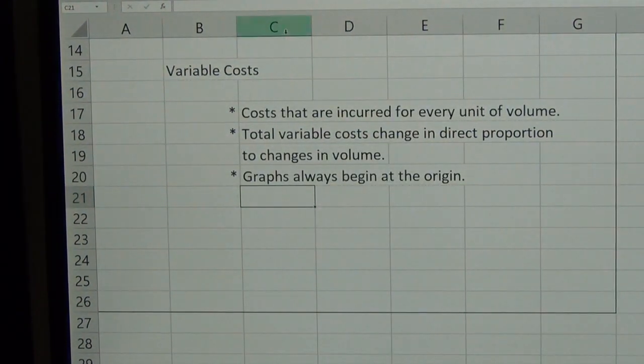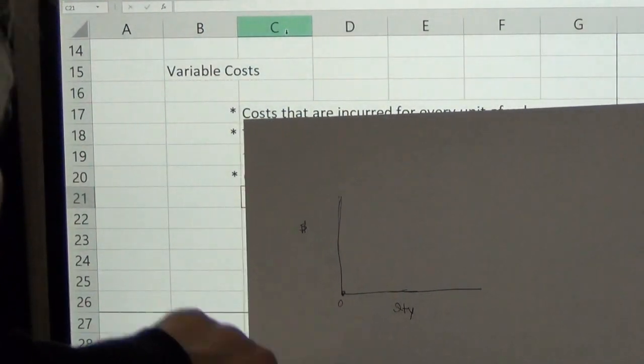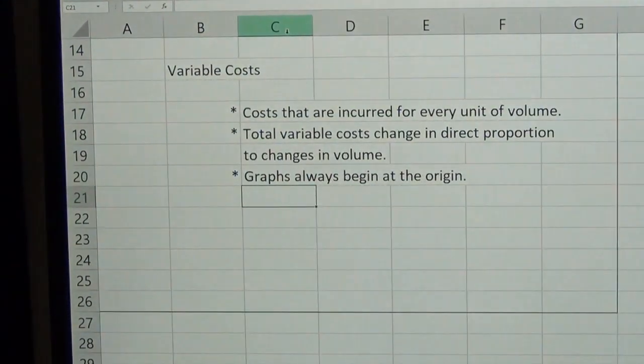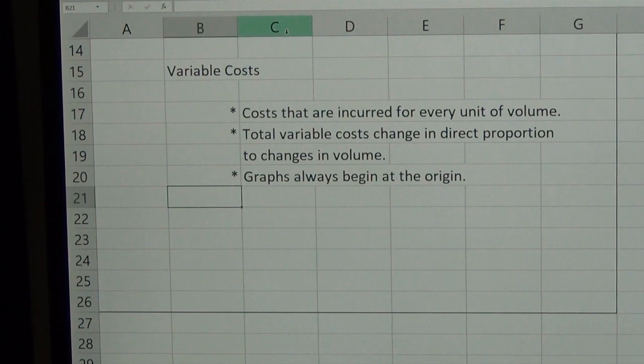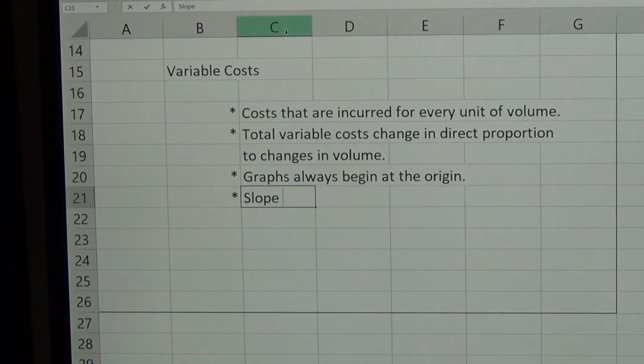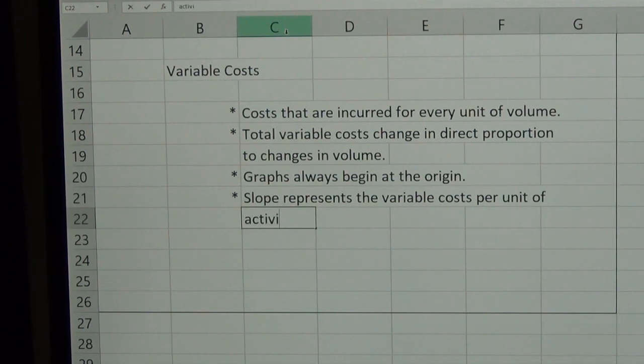Since the quantity would be 0, your starting point on the graph will always be right at 0. So graphs always begin at the origin when you're plotting variable costs. And then from there, the slope represents the variable costs per unit of activity.